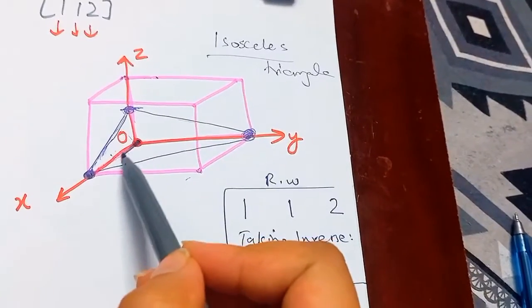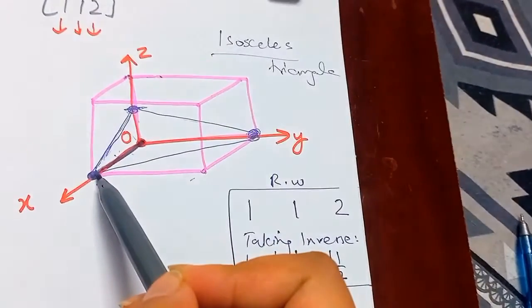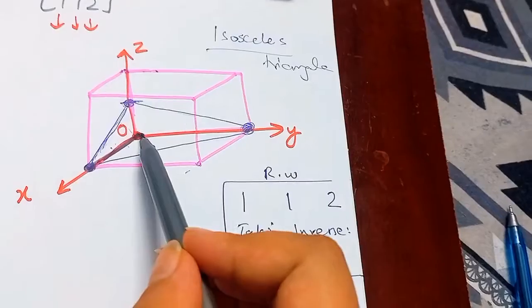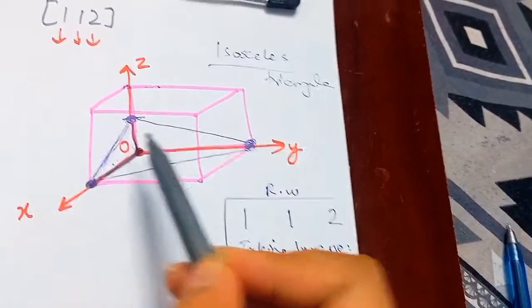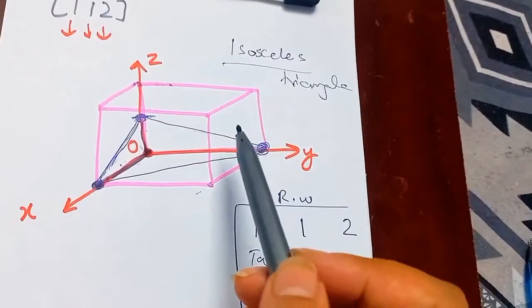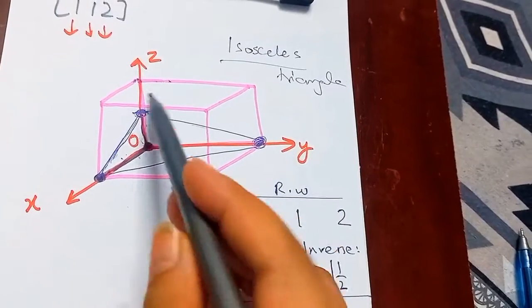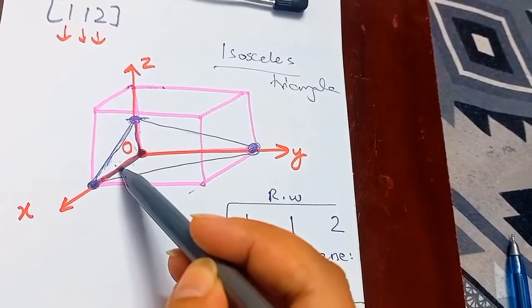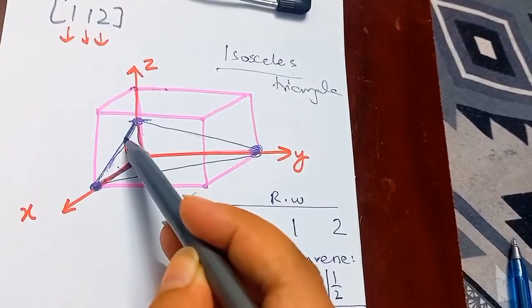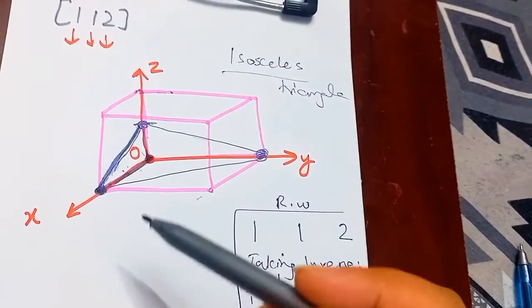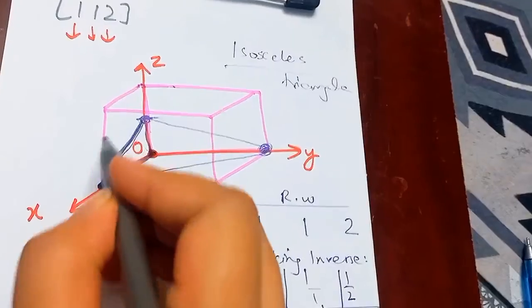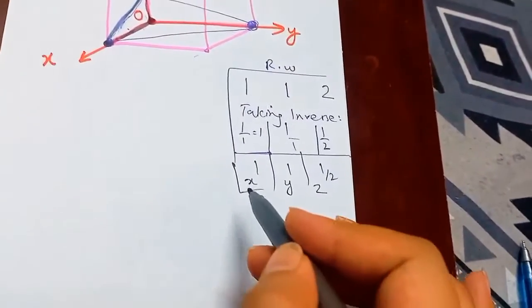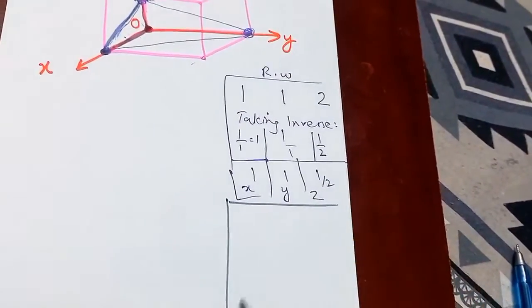You can see this length. What is this length? This is a, okay, and what is this length? This is a by 2. We know that because it's half. This whole length is a and this is half. This is a by 2 and this is a. We can use Pythagoras theorem to determine this length. Let's determine this length by Pythagoras theorem, because we would need these lengths later on as well.